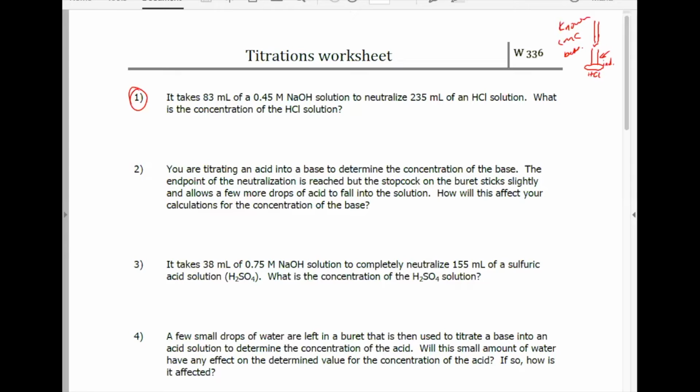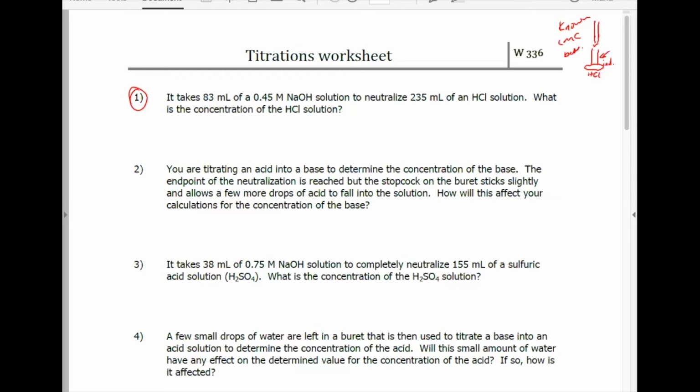Now, what happens here when we have an acid-base reaction and we do a titration? Like I said, we don't know the concentration of one, but what we do know is that once we reach the equivalence point, the number of moles of the acid will equal the number of moles of the base, and the stoichiometric ratio is going to be the same.